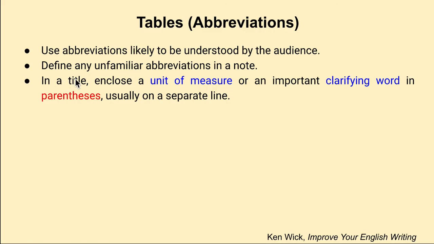And in a title, enclose a unit of measure, like feet, dollar, or dollars, or an important clarifying word in parentheses. Usually it appears on a separate line. So what happens is, usually you have a title, and if you had a unit of measure or clarifying word, it normally appears on a separate line, the last line in parentheses.